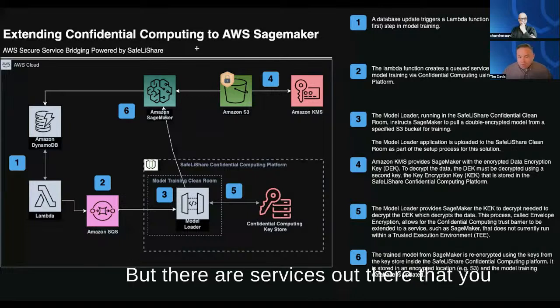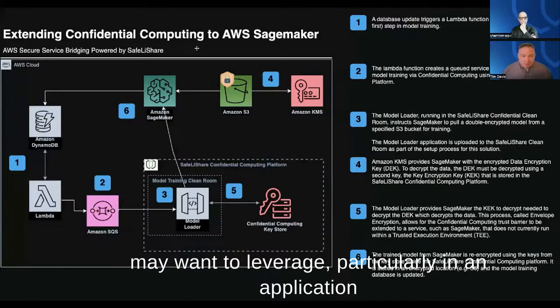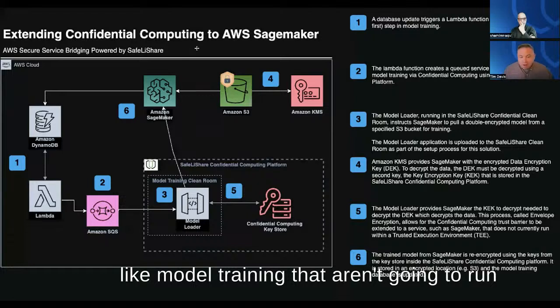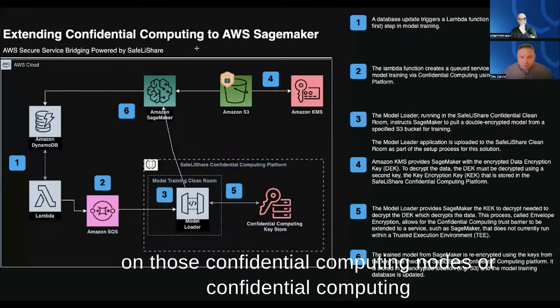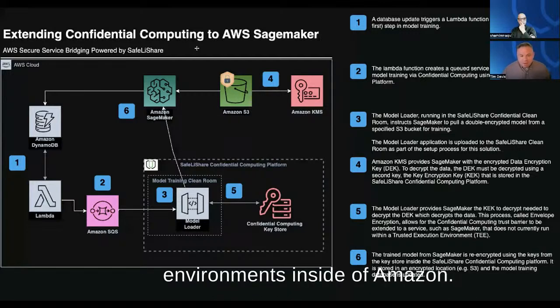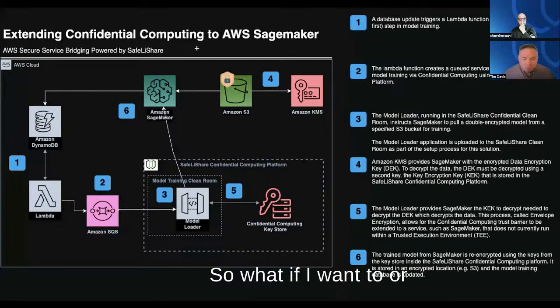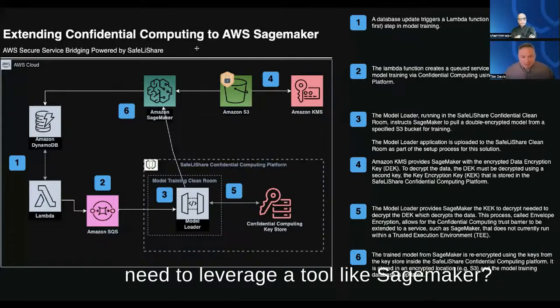But there are services out there that you may want to leverage, particularly in an application like model training, that aren't going to run on those confidential computing nodes or confidential computing environments inside of Amazon. So what if I want to or need to leverage a tool like SageMaker?